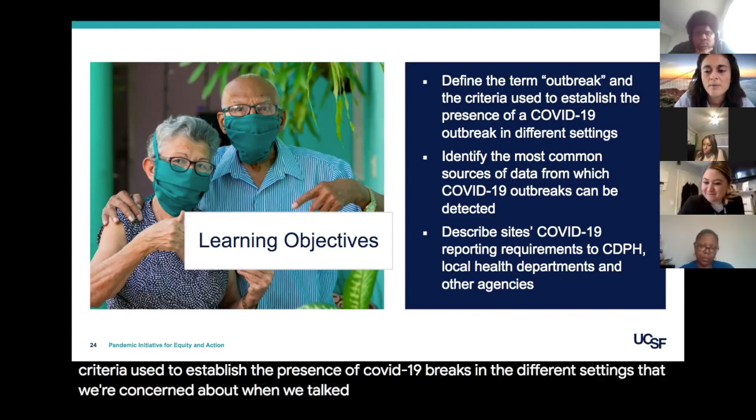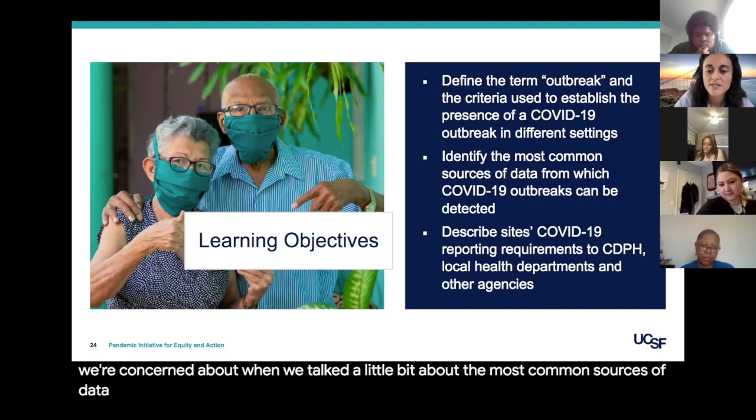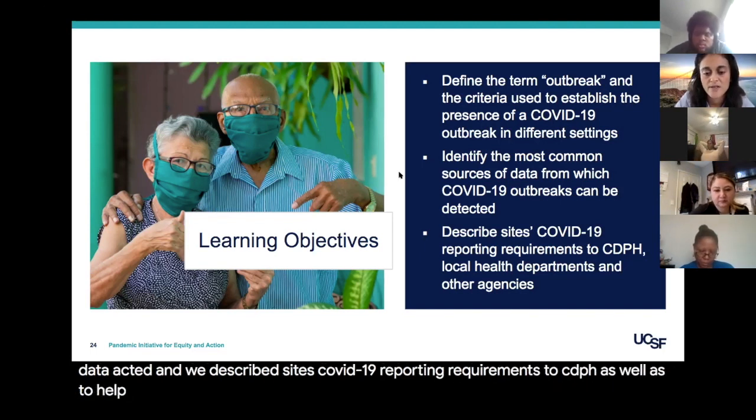We talked a little bit about the most common sources of data from which COVID-19 outbreaks can be detected. And we described sites' COVID-19 reporting requirements to CDPH, as well as to local health departments and other agencies.